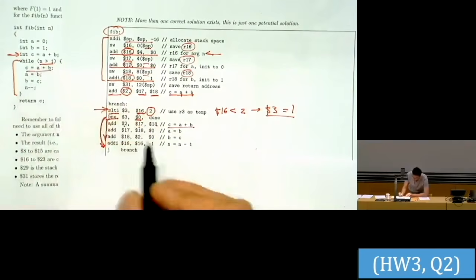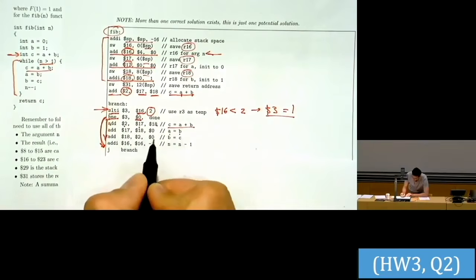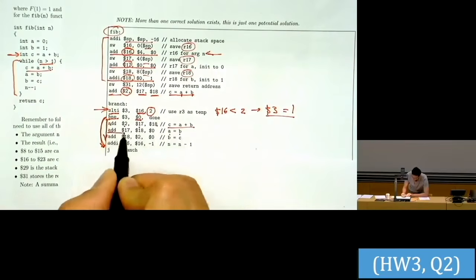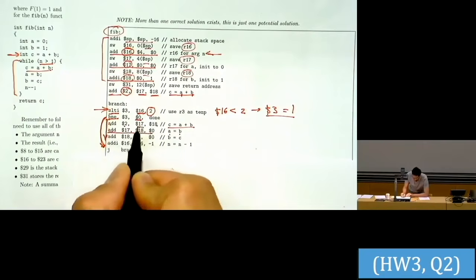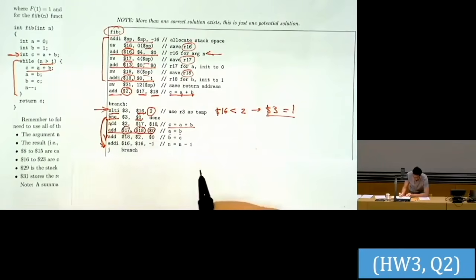Then we store B in A. So what we are essentially doing here is adding B plus 0 and storing it in A, in register 17.